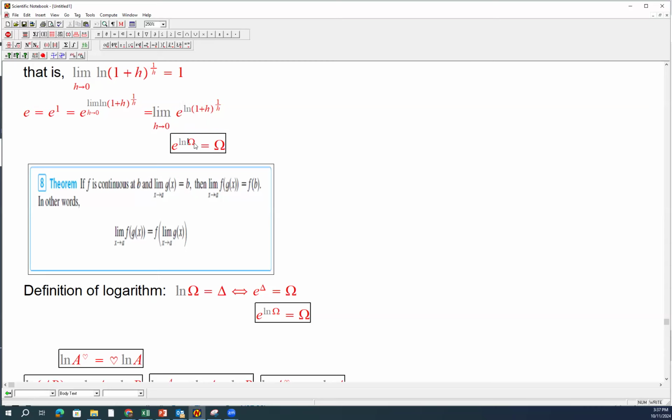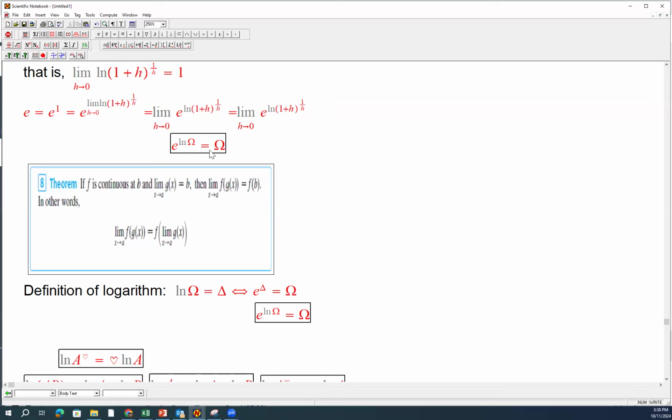So what is omega? Omega is the whole of that, and this property tells us it is just equal to omega.